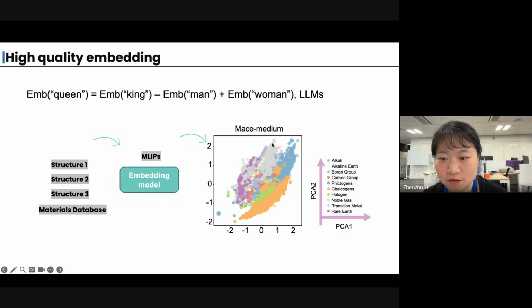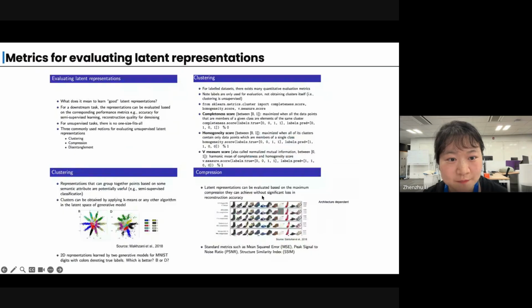And here is one example taken from our plotted embedding from the MACE model. But there are also other ways to evaluate the latent representation that has been learned by the models.